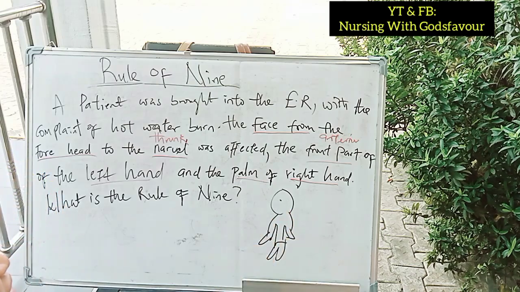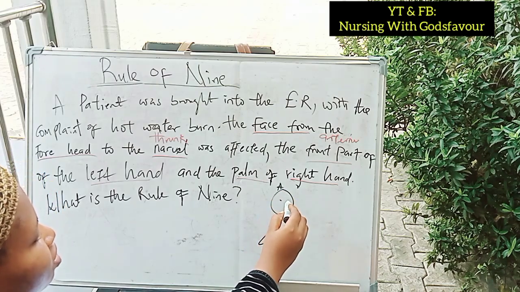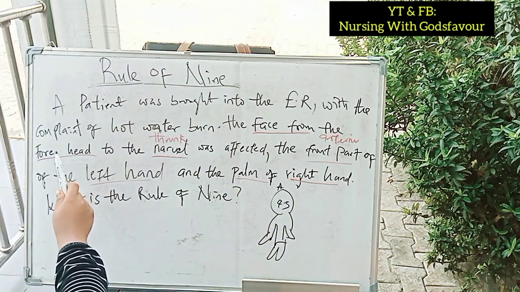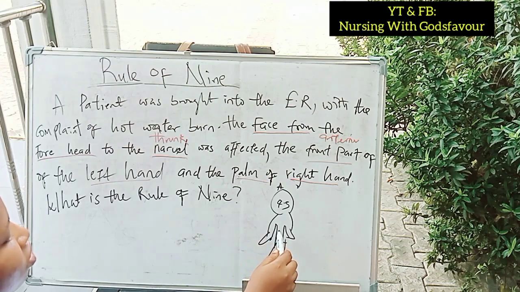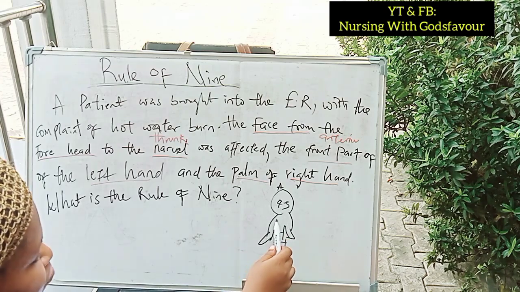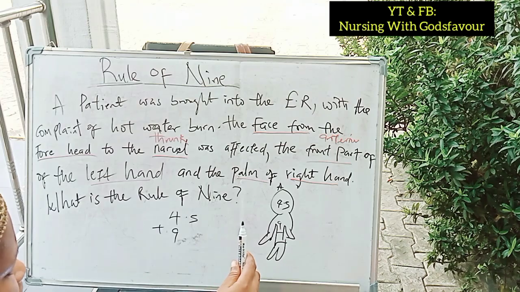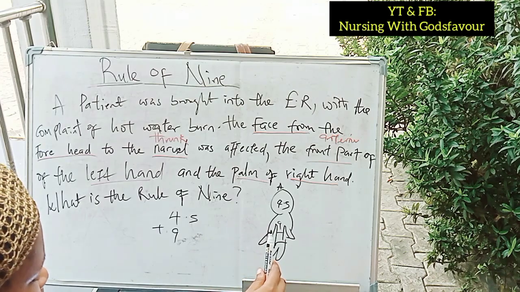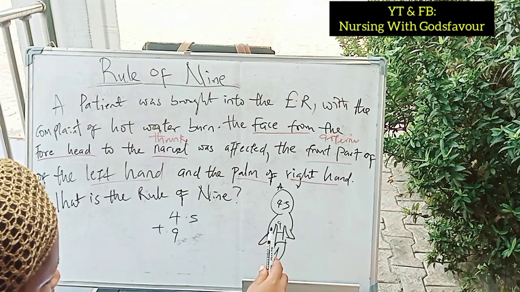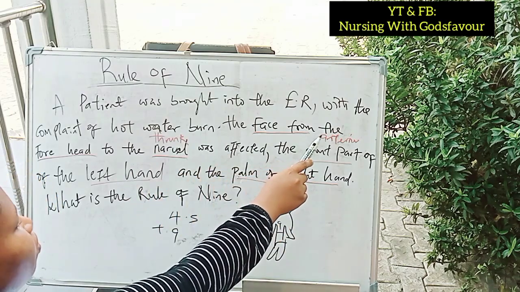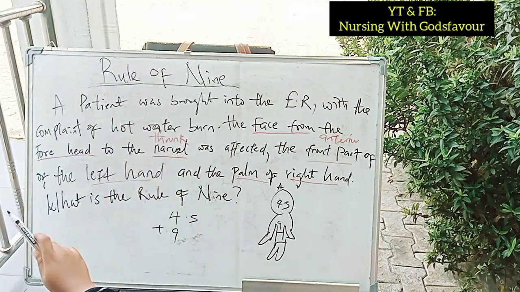The head anteriorly is 4.5. If the head is affected down to the navel, the trunk here is 9. So we are looking at 4.5 plus 9.